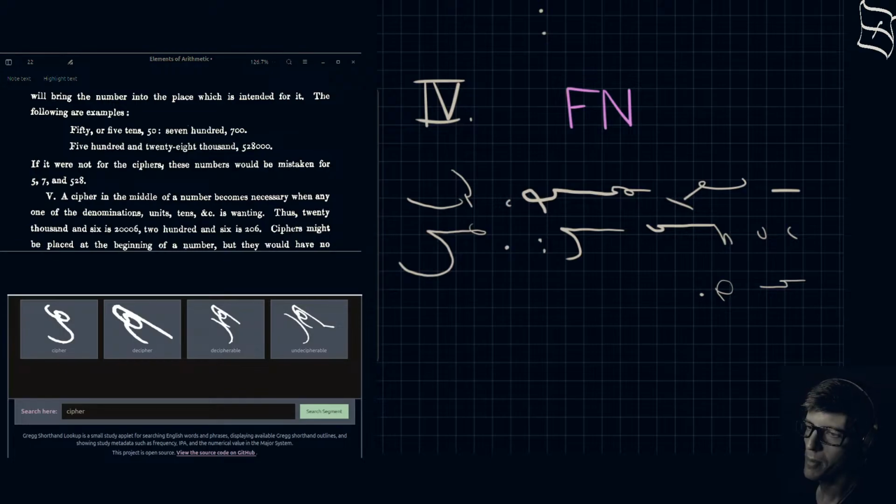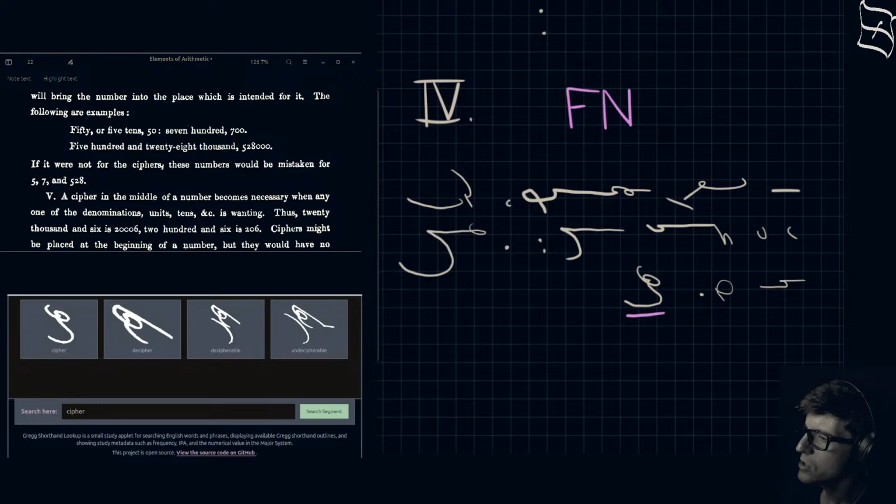What I'm going to do is straighten it out just a hair. So that's cipher. And I need to underline the word cipher. Oh, undo. Don't we have an underliner? No, that's the eraser. So we'll just underline.